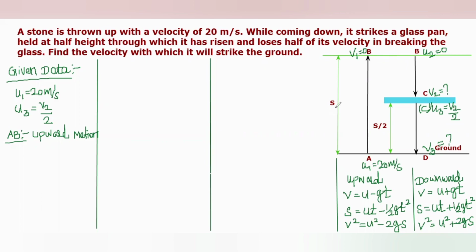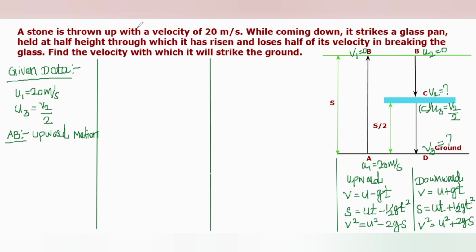Here, we are going to find S. Then only we can calculate the half height where the glass pane is kept in the path of the stone while coming down. So for the half distance we need the total distance or height traveled by the stone in the upward motion, that we have to calculate.